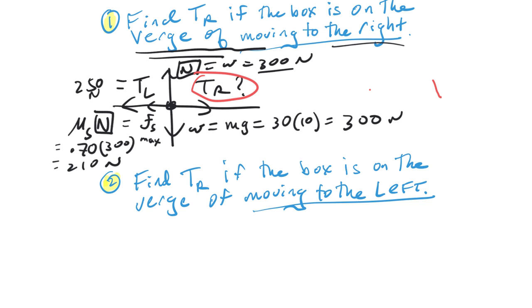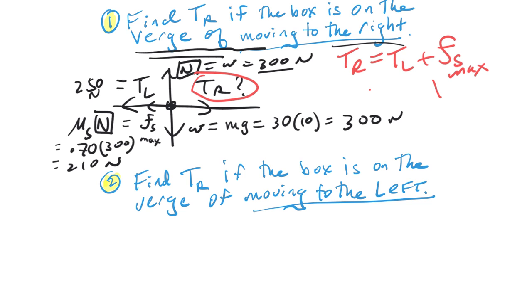Okay, so we're trying to find this guy right here. Now, it's at rest. So if it's at rest, the forces are balanced. The left pointing forces are balanced by the right pointing force. So I can say tension in the right rope is equal to the tension in the left rope plus the Fs max.